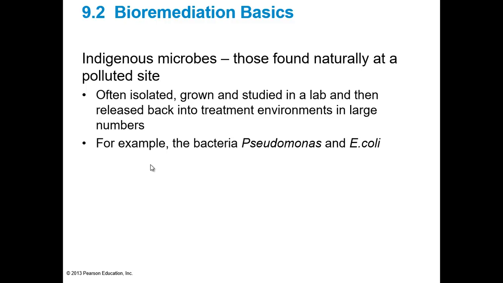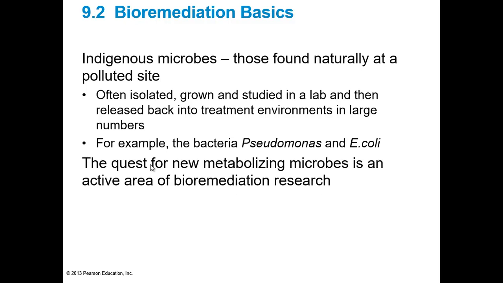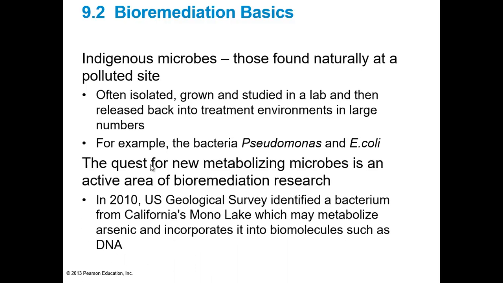Pseudomonas, which is usually Pseudomonas aeruginosa, and E. coli are really good for degrading oil spills, but you need them in larger numbers than they will occur naturally in the soil. And there's always a quest to identify new metabolizing microorganisms. That's always an active area of research.